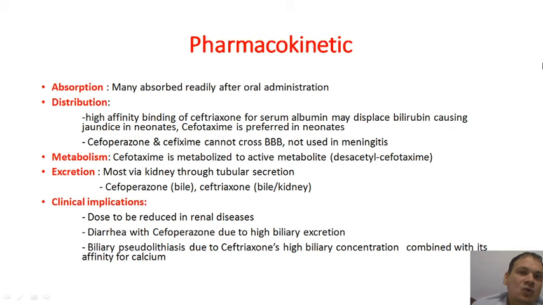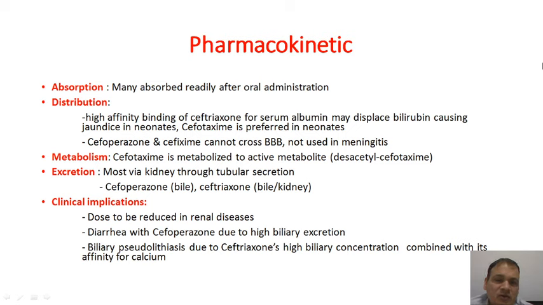So what are the clinical implications of what I said? Take an example: suppose a patient has an impaired renal function. We may have to reduce the dose of the cephalosporins in a patient who has impaired renal disease, except cefoperazone, which I told you is excreted in your bile.